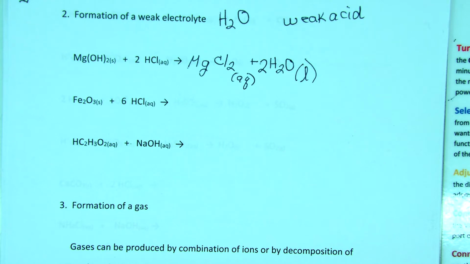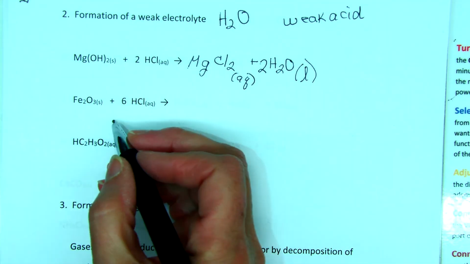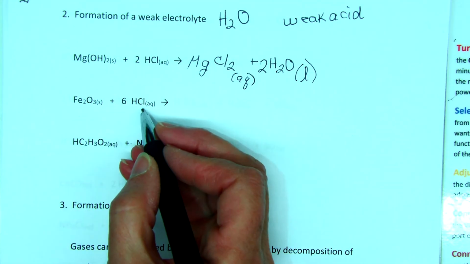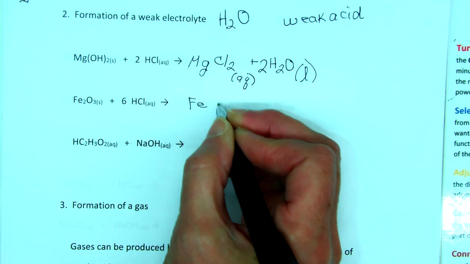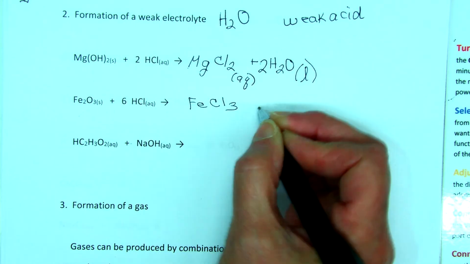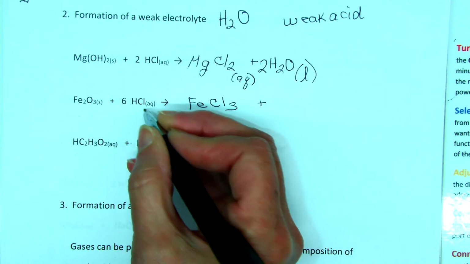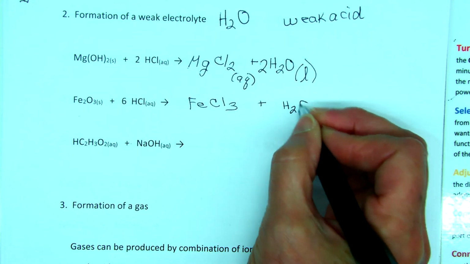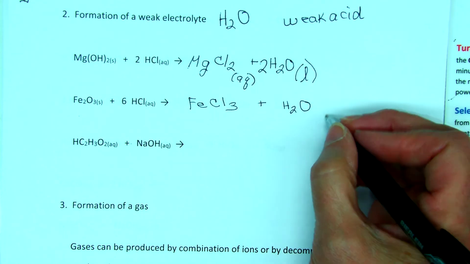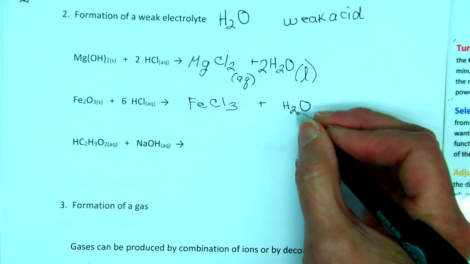Okay, here's another example. Iron 3 oxide reacts with hydrochloric acid. So I trade partners. Iron 3 hooks up with chloride. I make the proper formula for iron 3 chloride, FeCl3. Then hydrogen hooks up with oxygen. Again, I make water, H2O. So now I have 2 hydrogens here.